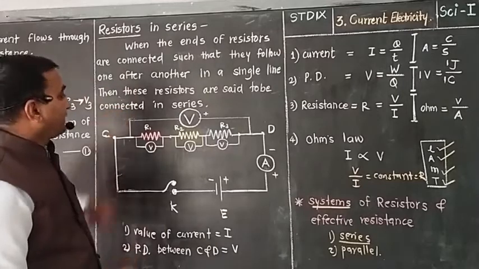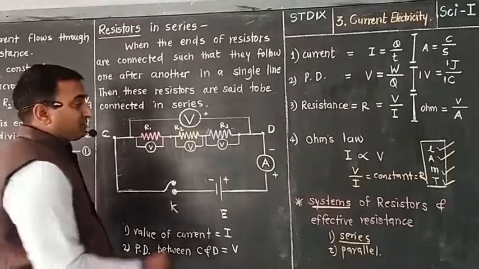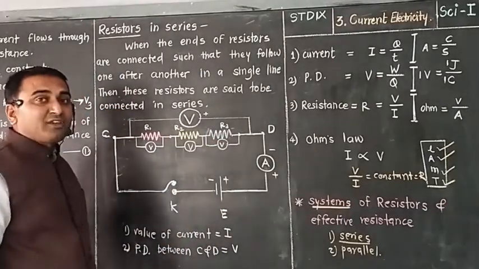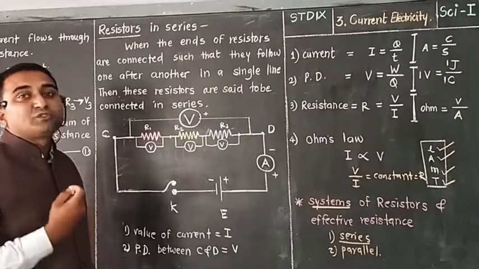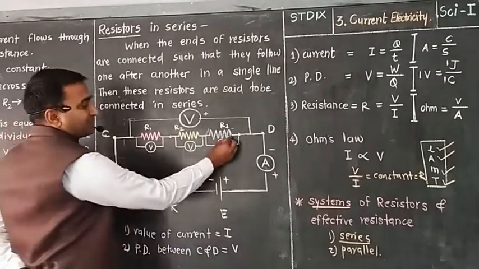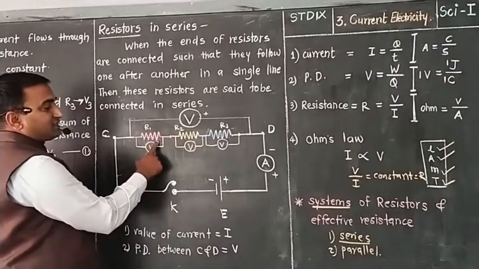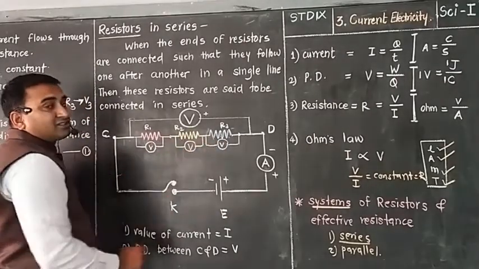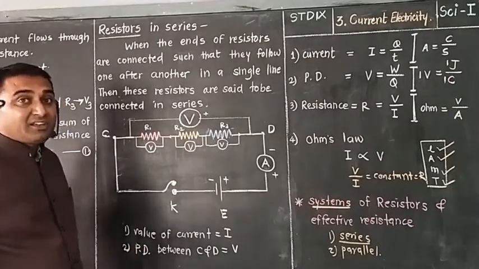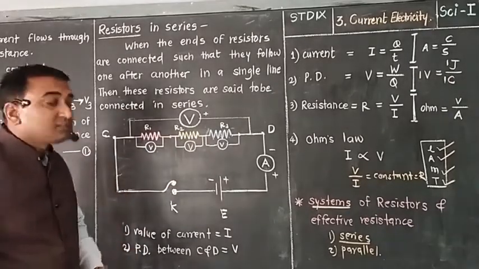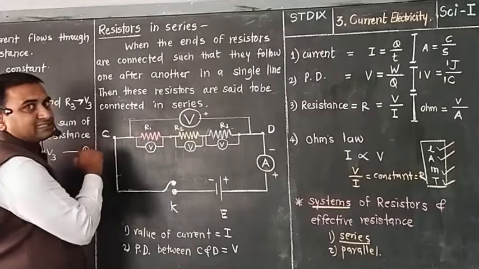What is here? See, there are 3 resistors. In the last session we also discussed the symbols used for resistance, these lines. So how many resistors are there? 3. This is the first, second and third. So we have joined here 3 resistors.